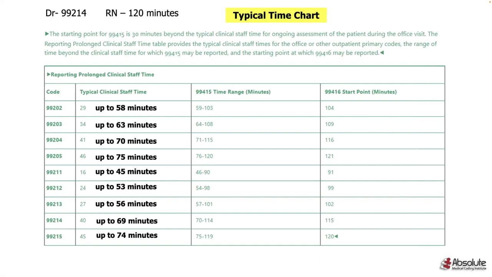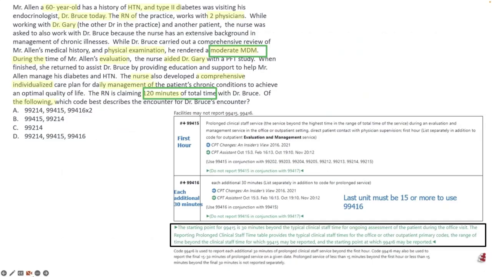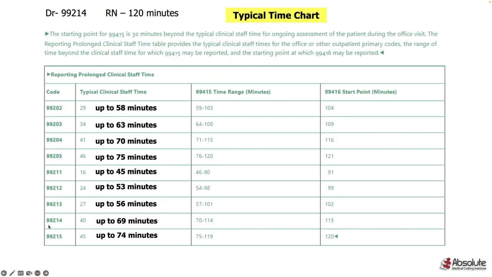So 99214 is it. Let's go down and locate our typical clinical staff time.